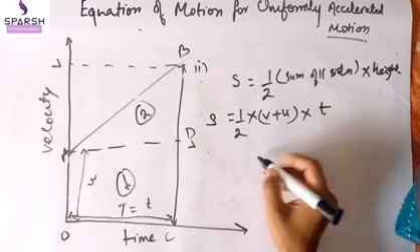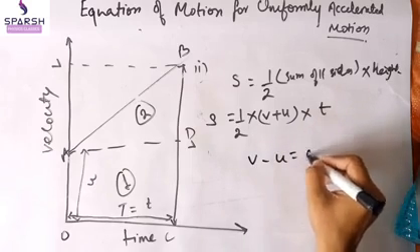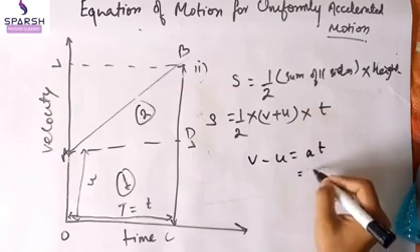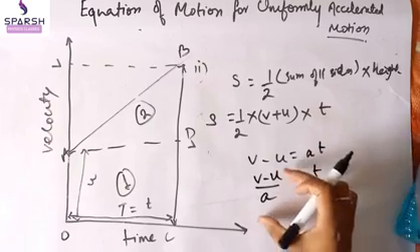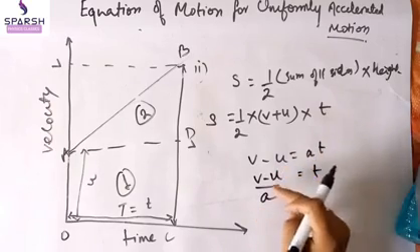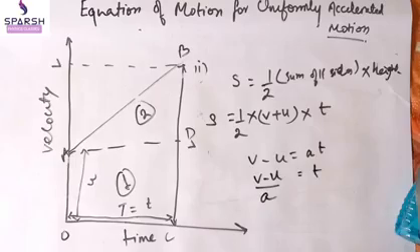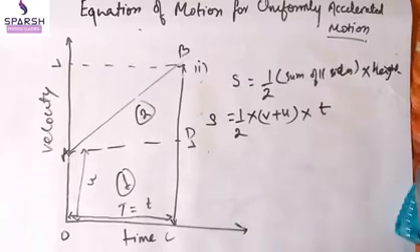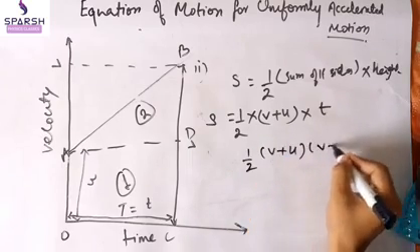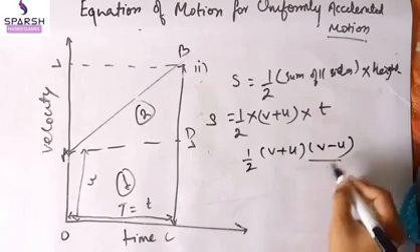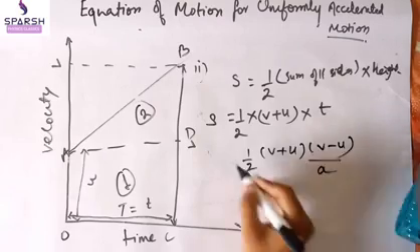What is the value of t from the same equation? v minus u is equal to at, then t is equal to v minus u upon a. So we replace the value of time here. Let us see what happens to the equation. It becomes half into v plus u into v minus u upon a is equal to s.